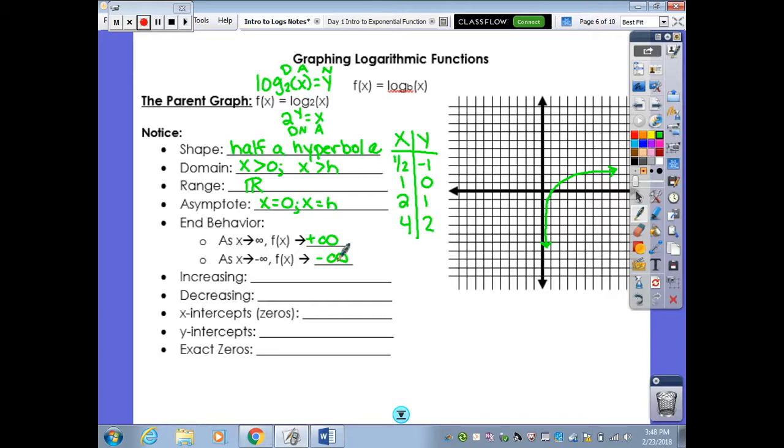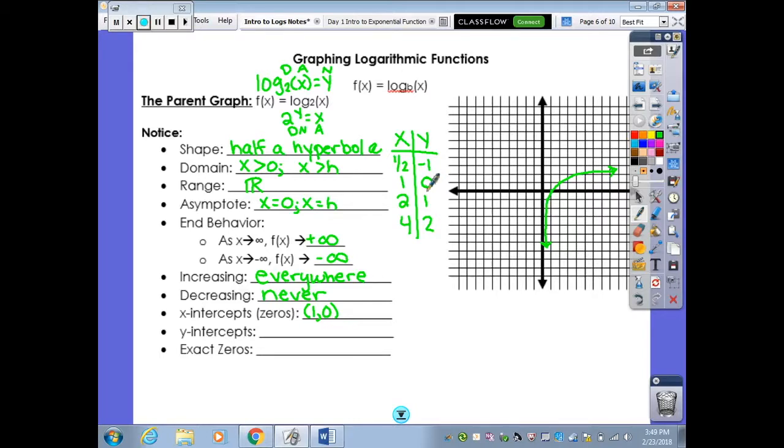Our function is increasing everywhere. Decreasing, never. Our x-intercept, which is our zeros, is at 1, 0, which you can see here. Remember that our x-intercept is always when y is equal to 0.